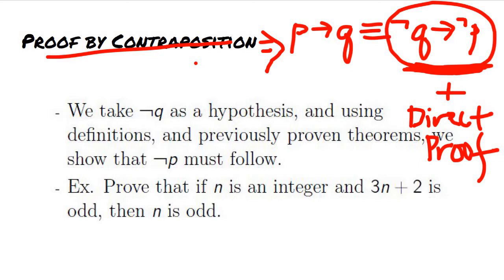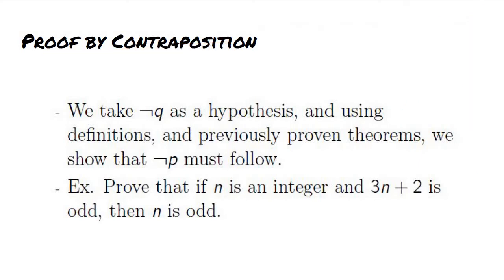As an example, prove that if n is an integer, and 3n plus 2 is odd, then n is odd.